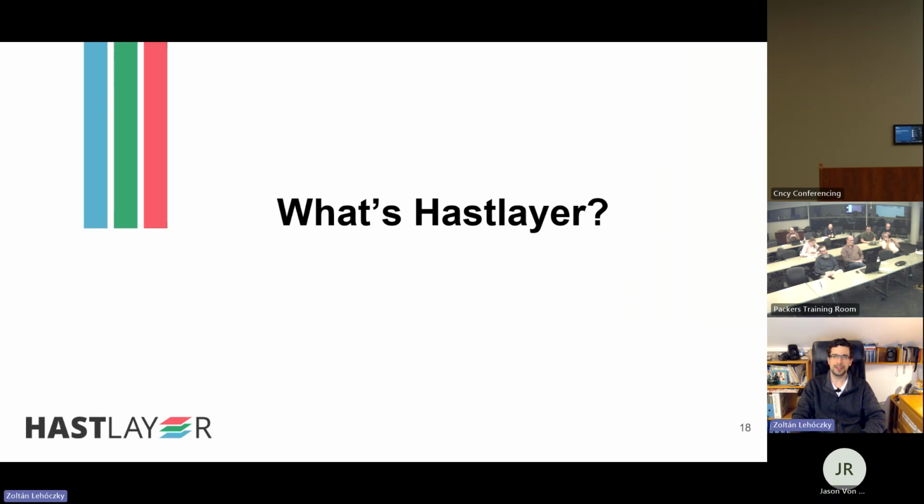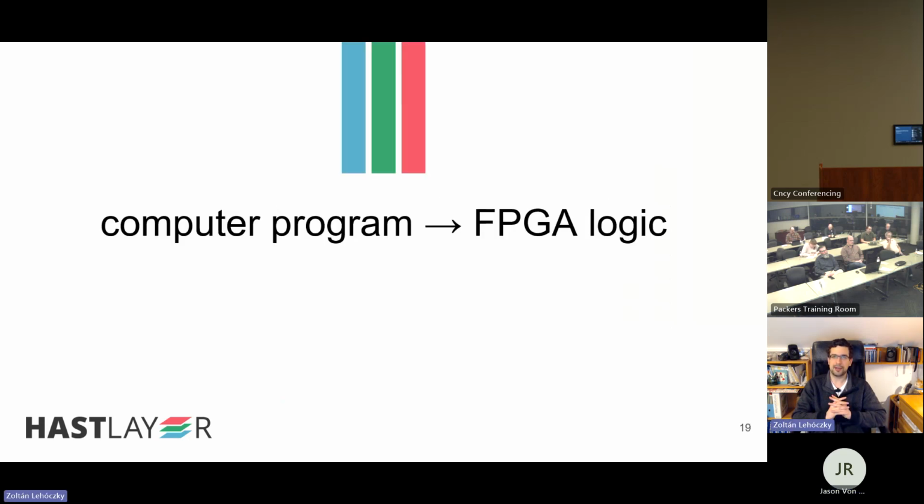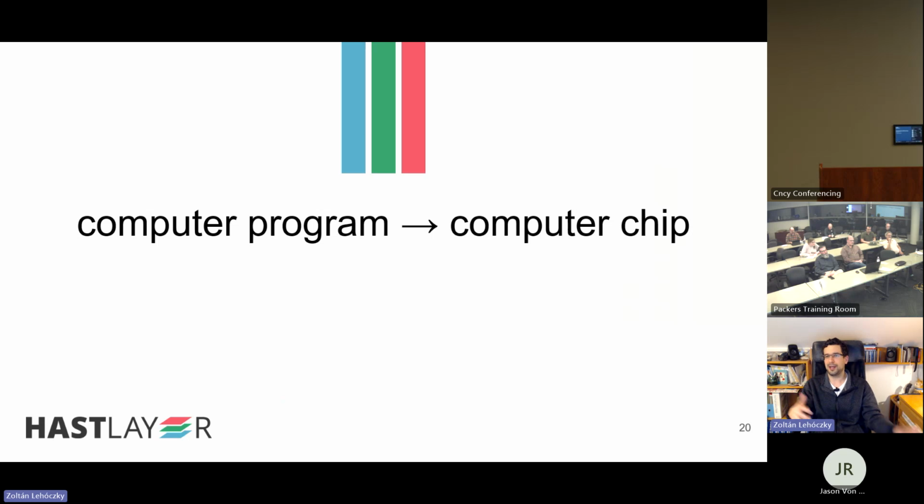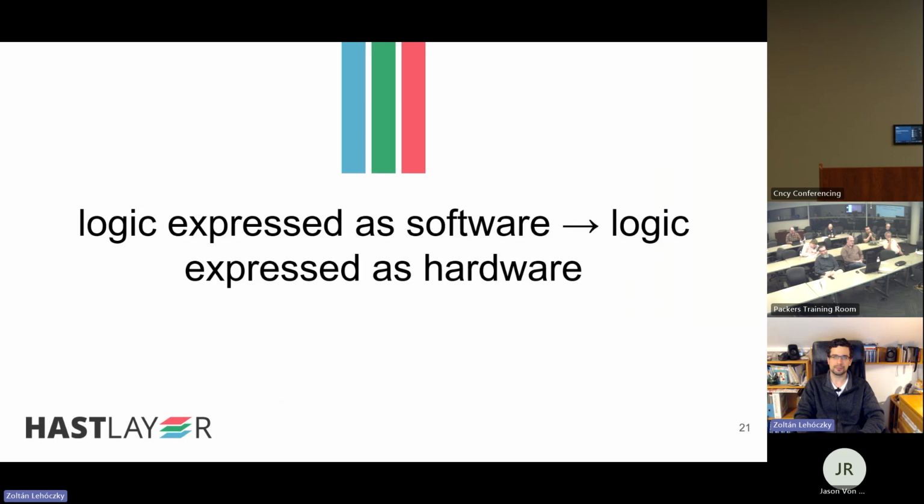Speaking of which, Hastlayer is a tool that takes a computer program and turns it into a piece of FPGA logic. Or we could also say, and that's the easy to digest, nice sounding tagline, that it takes a computer program and creates an equivalent computer chip out of it.